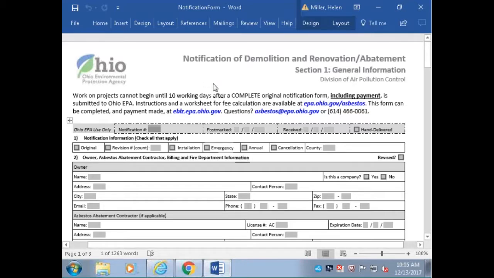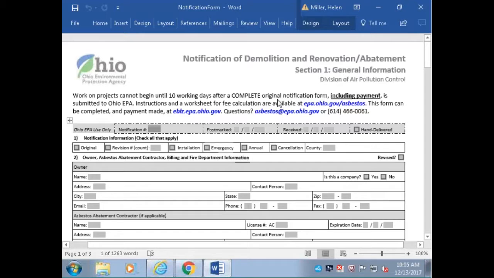The new form that we've merged together doesn't have a whole lot of new information. It's more just combining the two forms and moving things around to hopefully be more convenient to fill out. As a result, we've come up with a notification form that has two sections. Section 1 is called General Information, and it's the first 2 pages.